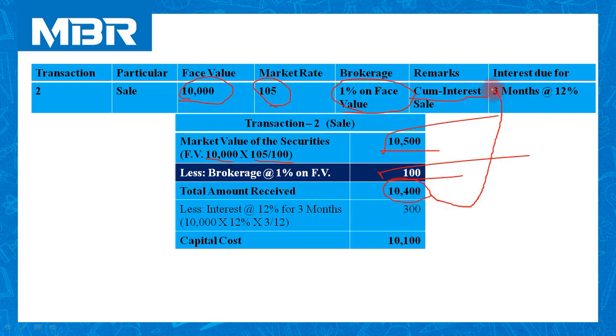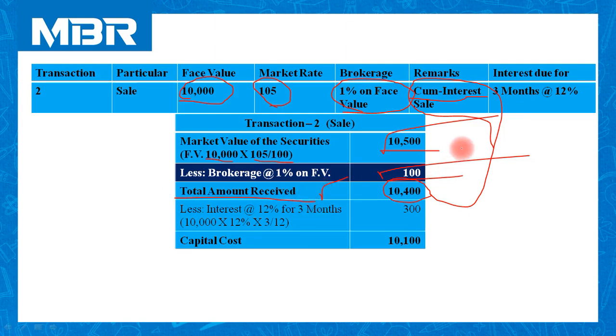But this transaction is cum-interest transaction. It means these 10,400 is received inclusive of the outstanding or accrued interest. So here this amount is defined as total amount received. Recall, it is a cum-interest transaction.